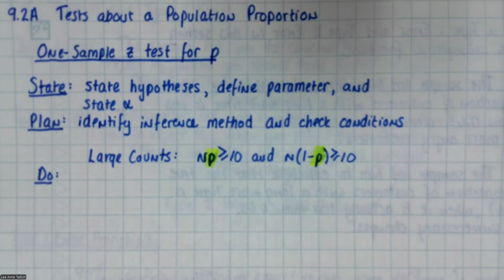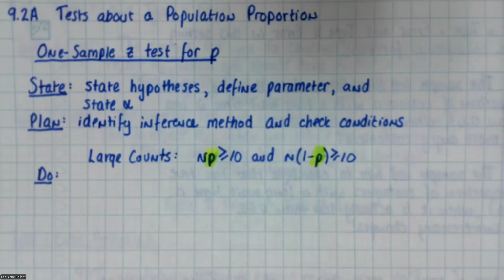Okay, now in the do, what is the answer to a hypothesis test? What's the vocab word for the answer to a hypothesis test? What's the thing that you compare to the boundary? You might need to flip back to your 9.1a.